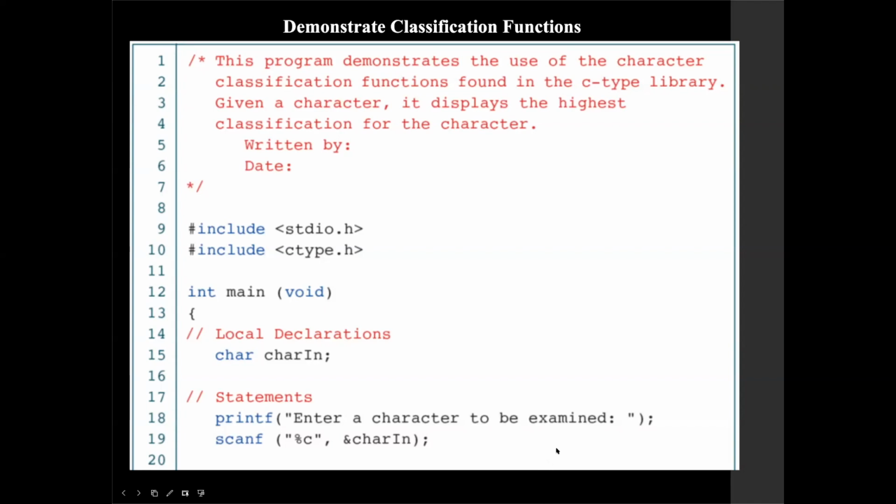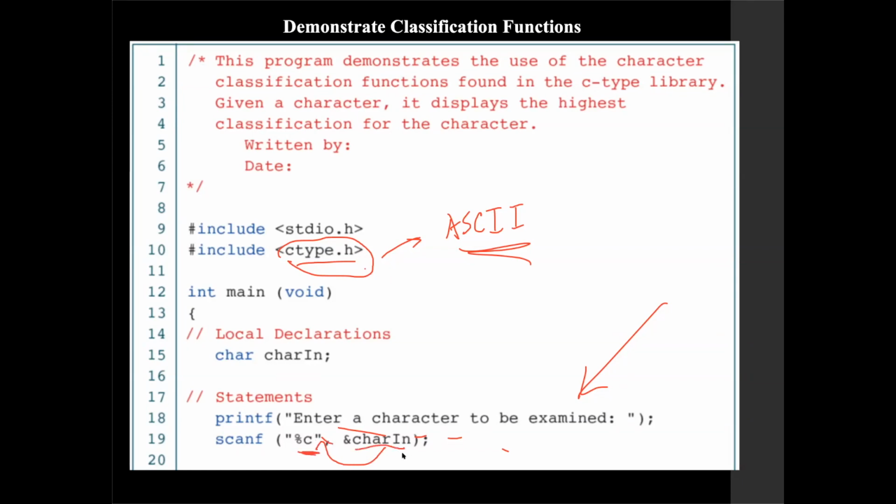This is a demo of an ASCII chart and how we manipulate ASCII characters, making use of these standard functions involving ctype. So this is the ASCII character set. You will import this in C, and then it will ask a user to enter a character. So basically, at the prompt, you would enter anything from your keyboard, and this information will then sit inside this variable called char input.